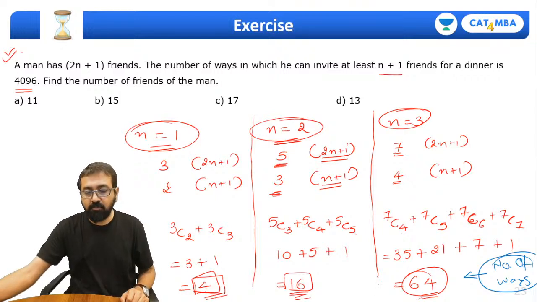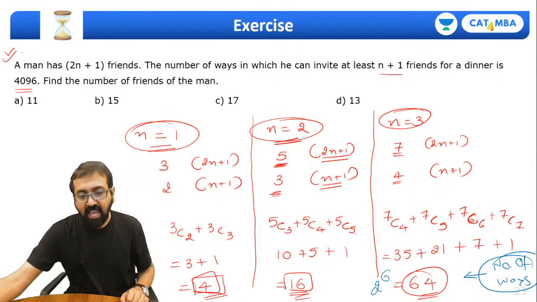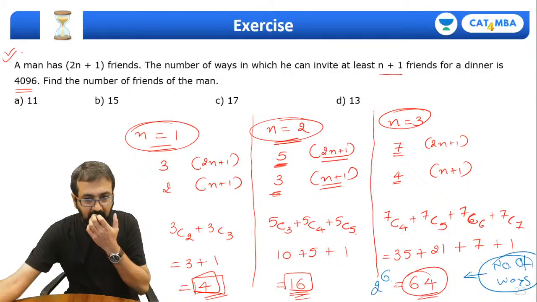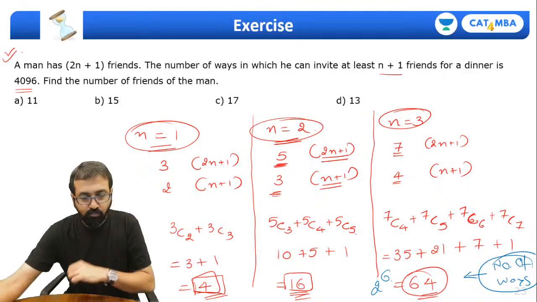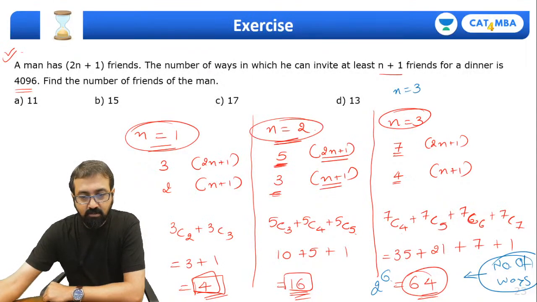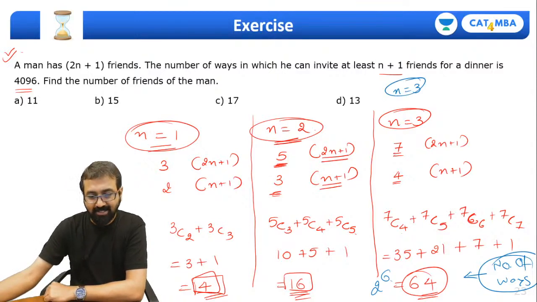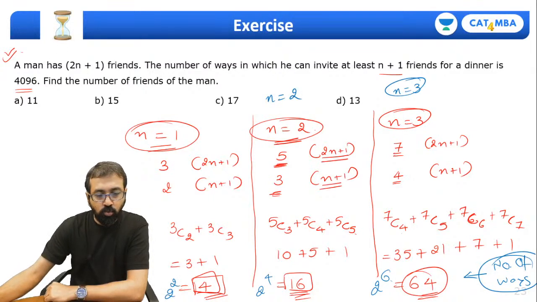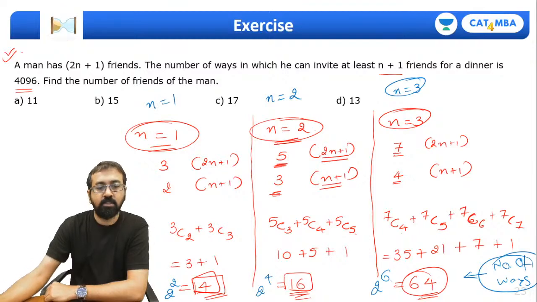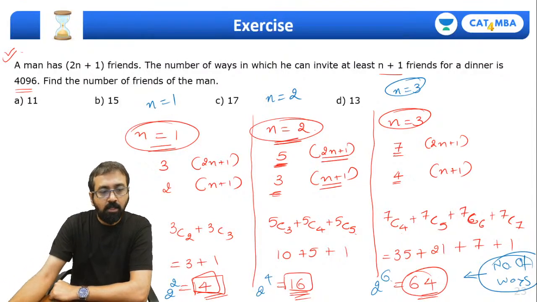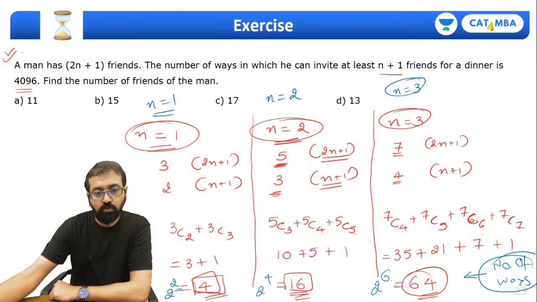So when n is 3, the number of ways is 2 raised to 6. When it is 2 raised to 4, your n is 2. When it is 2 raised to 2, your n is 1. Can you see this relation? So when n is 1, the number of ways is 2 raised to 2. When n is 2, the number of ways is 2 raised to 4. When n is 3, the number of ways is 2 raised to 6.